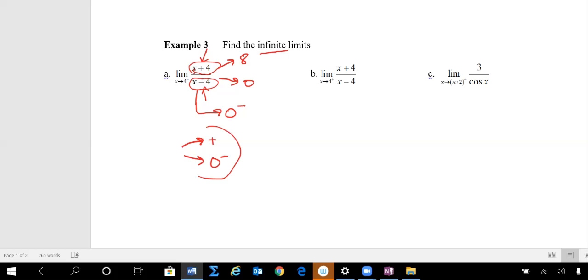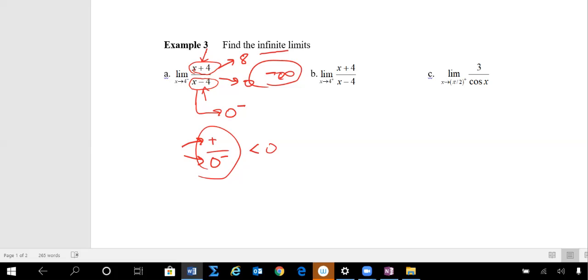So overall, we have a fraction which is less than 0. Admittedly, it's heading to something large and negative, so it is still less than 0. So this is negative infinity.